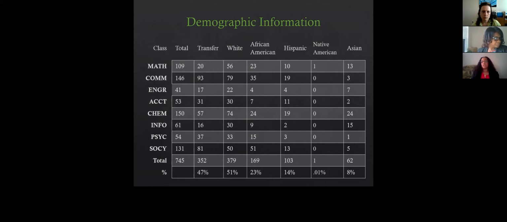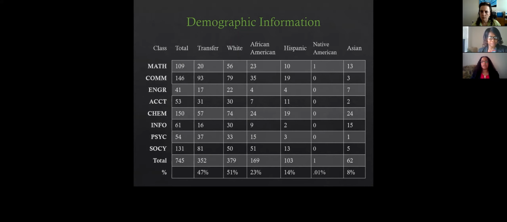So what we did was we grouped African American, Hispanic, and Native American students into one category and labeled them, as you'll see in the upcoming slides, as underrepresented minorities, or URM. In the non-URM category, we included white and Asian students. And so you'll see in the upcoming analyses that we compared URM to non-URM student performance on assignment types.